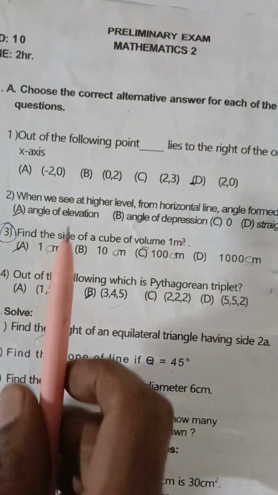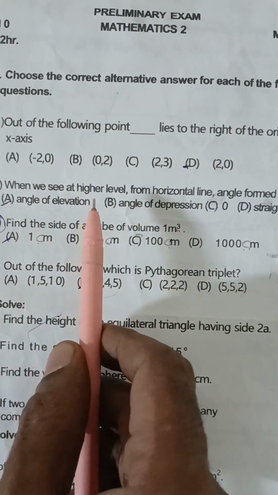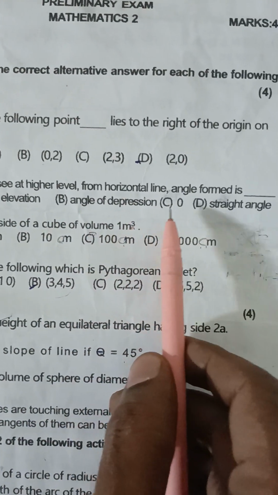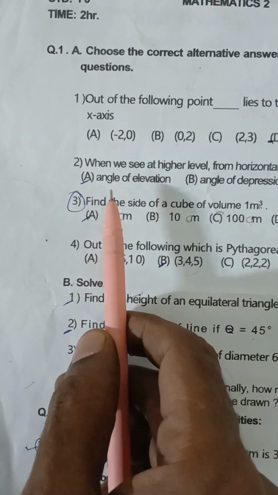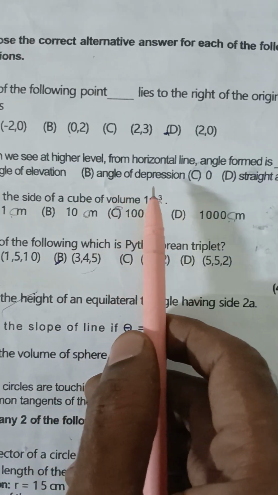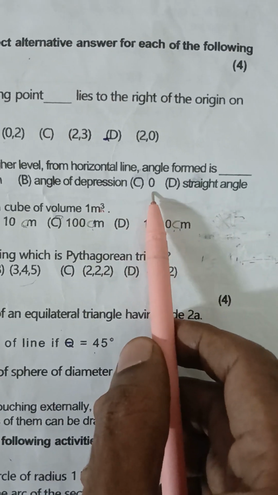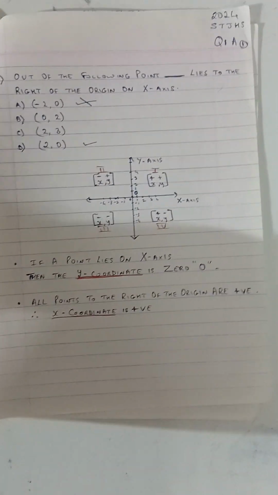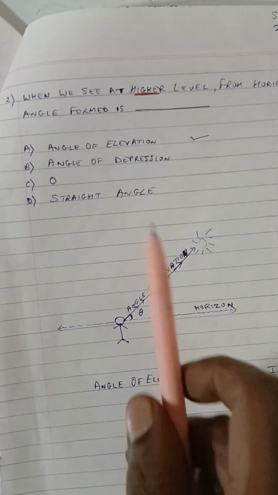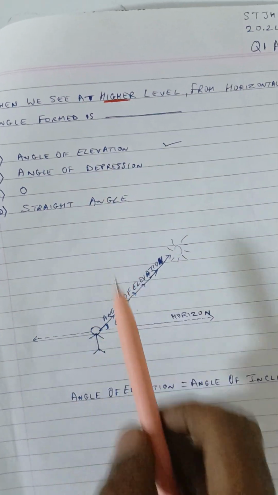Second question. When we look at a higher level from the horizontal line, the angle formed is dash. A, angle of elevation. B, angle of depression. C, 0. D, straight angle. The right answer is angle of elevation.